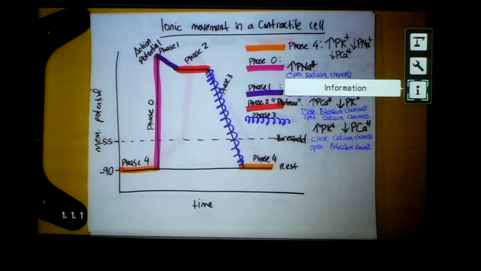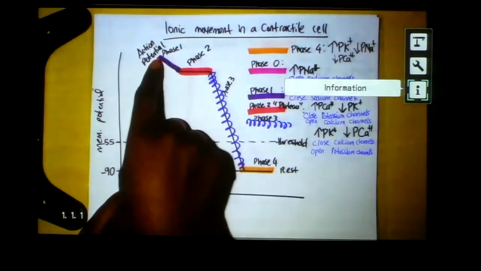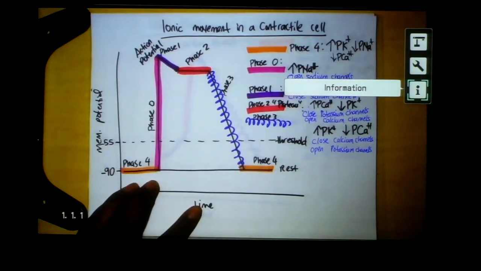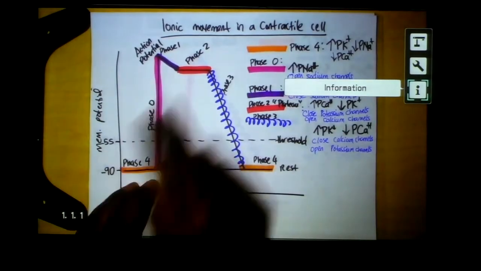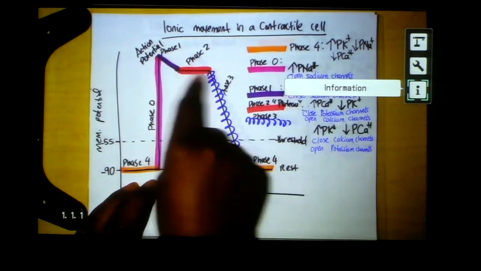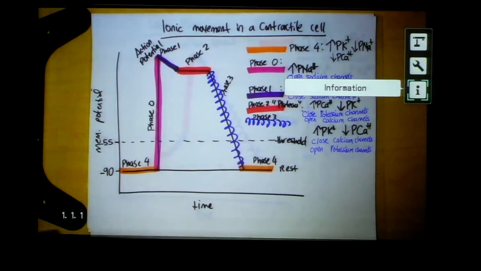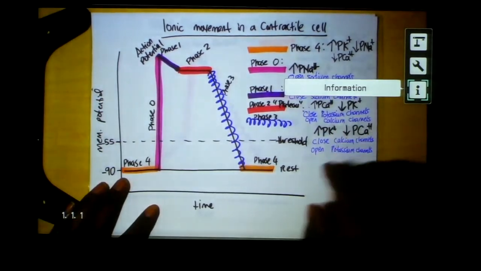Calcium, right? Calcium needs to get into the cell. And so we interrupt repolarization by opening up our calcium channel and closing our potassium channel. So in this plateau phase, we briefly interrupt repolarization in order to facilitate the movement of calcium into the cell. Calcium is responsible for binding to troponin, right? Regulating crossbridge cycling and bringing about contraction in this contractile cell.